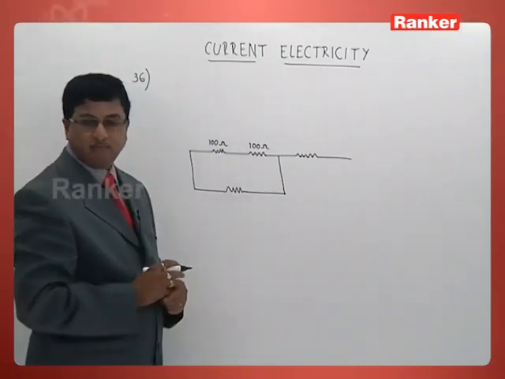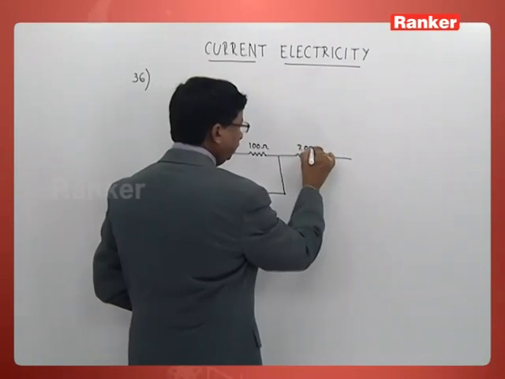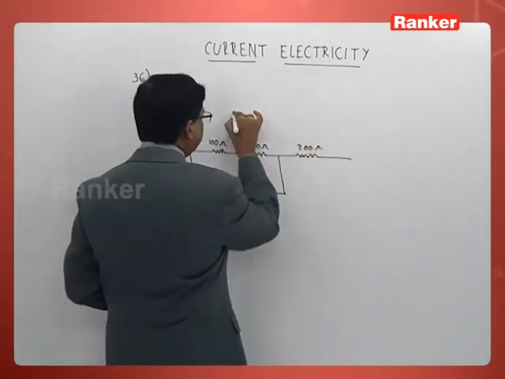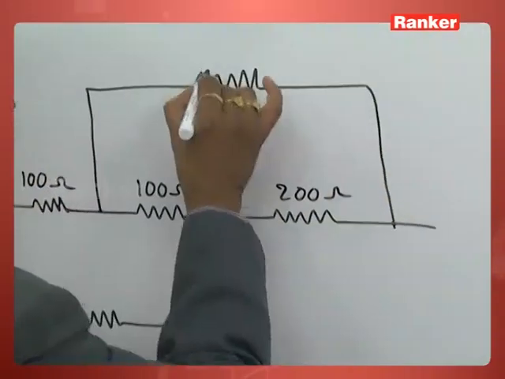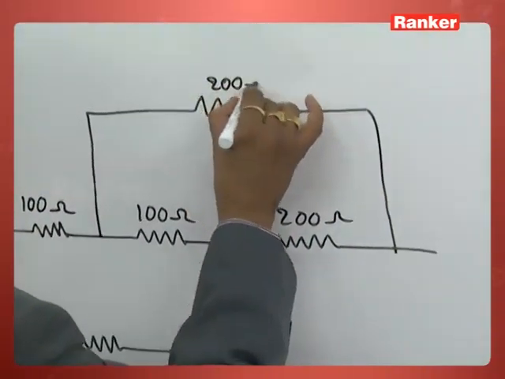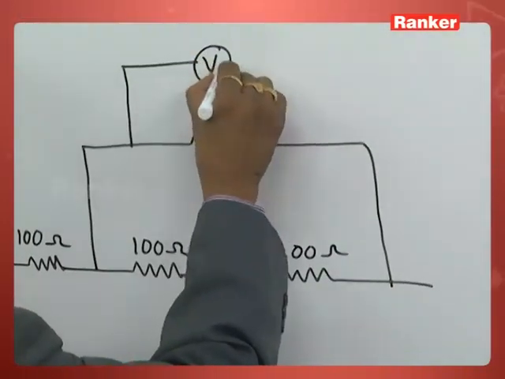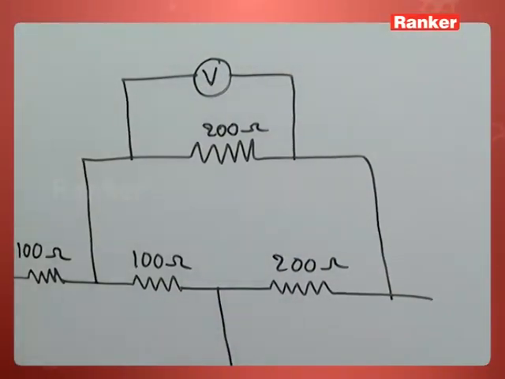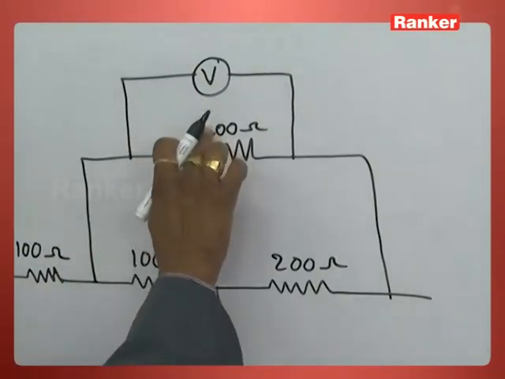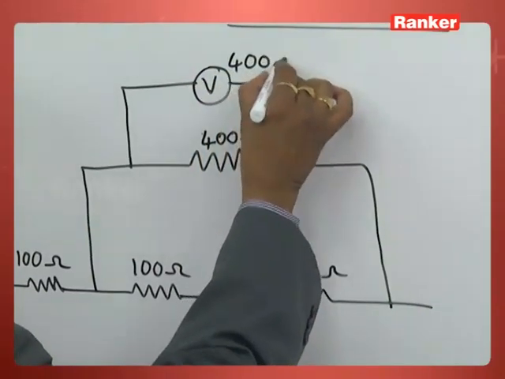And other values, if you look at, this is 200 ohm that is given. Here is another resistance like this that is connected across. This is also 200 ohm. And across this, voltmeter is connected this way, right? So that is what actually has been given. Right. And this resistance in fact is given 400 ohm. This is also 400 ohm given.